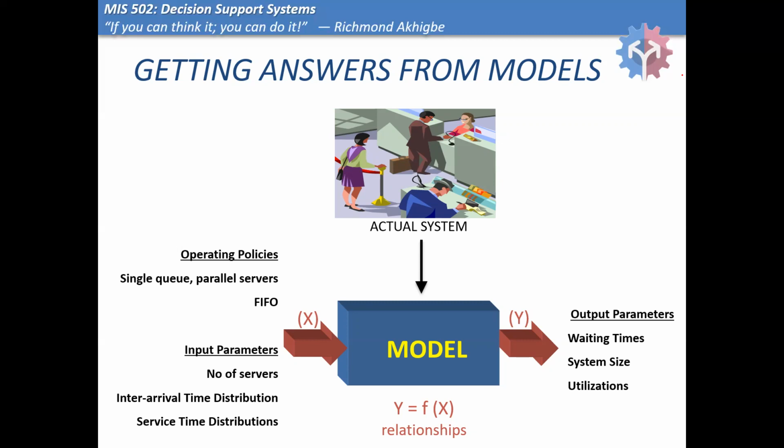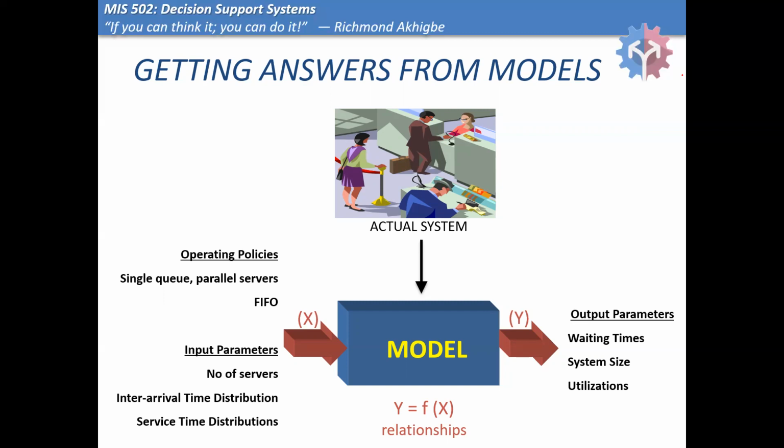Are they single servers, where servers are the people who are serving, or parallel servers? Are we allowing first in, first out? If you go to the hospital emergency, they don't use first in, first out. They use a queuing concept called priority queues. And sometimes you have first in, last out, depending upon the situation, right? So these are going in as an input.